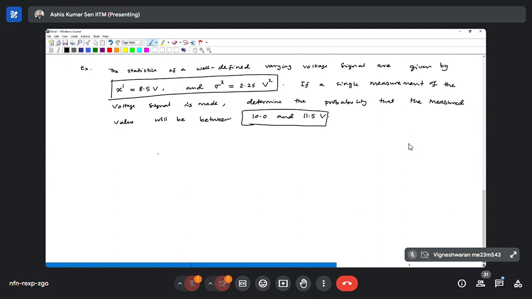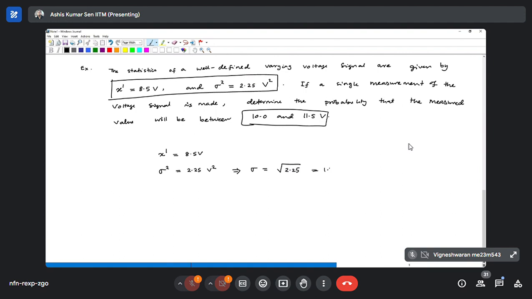First, we note down that we know the true mean, which is 8.5 volt, and we also know the variance, which is 2.25 volt square. So from there, we can find the standard deviation, which is the square root of 2.25.